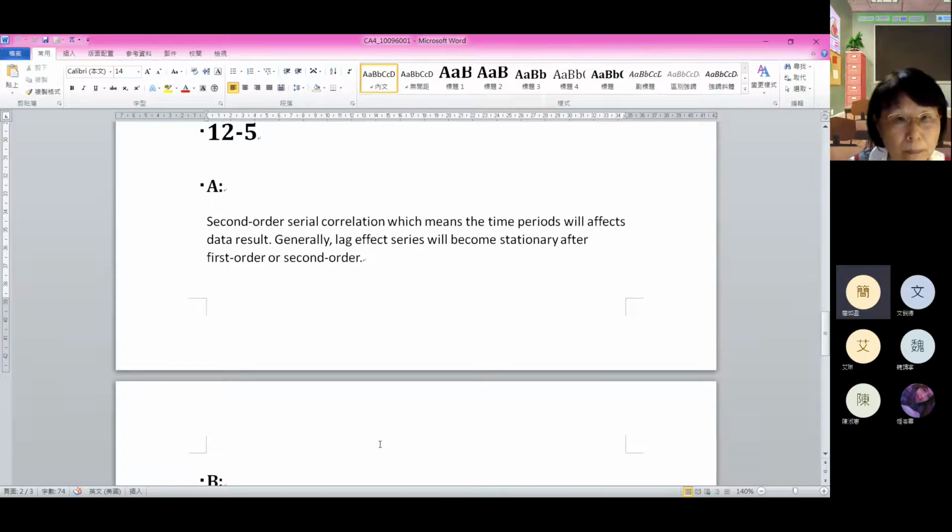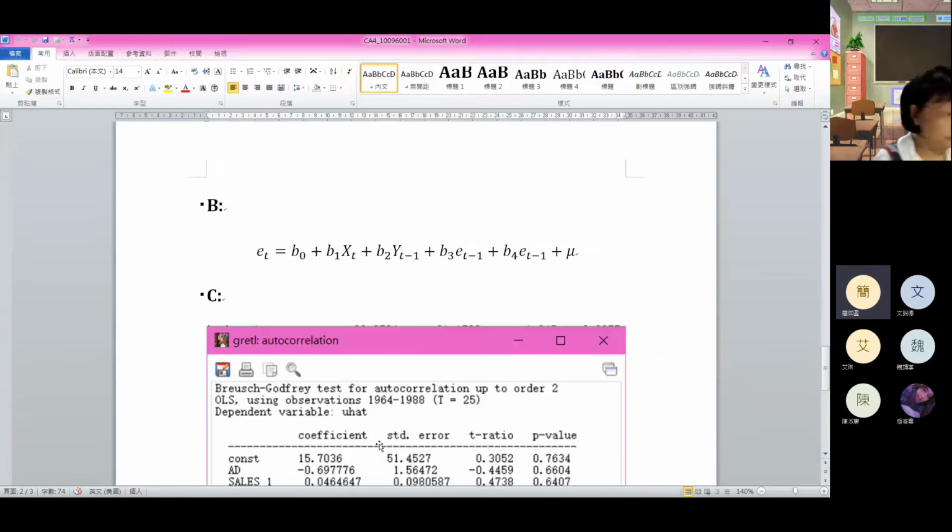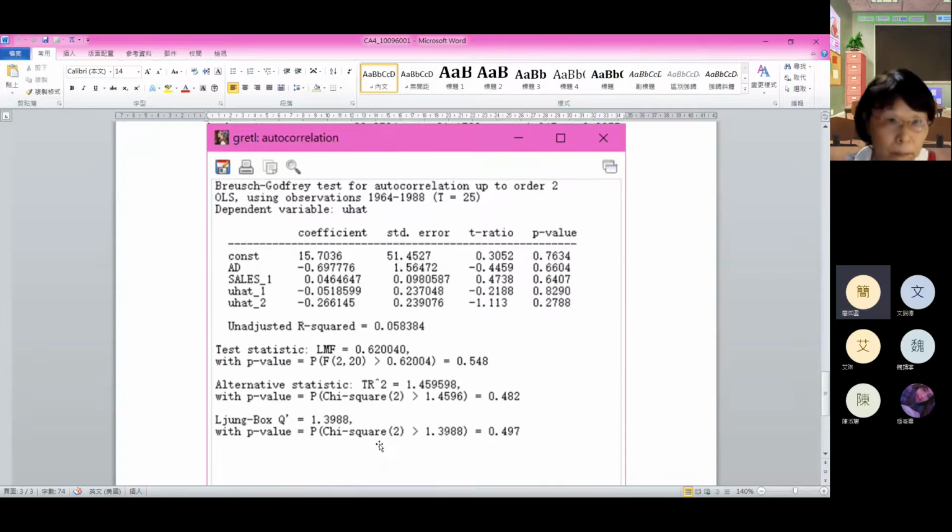Generally, it goes first order, second order, then third order. And B is the equation of this model. And for C, I did the second order serial correlation, and this is the result.